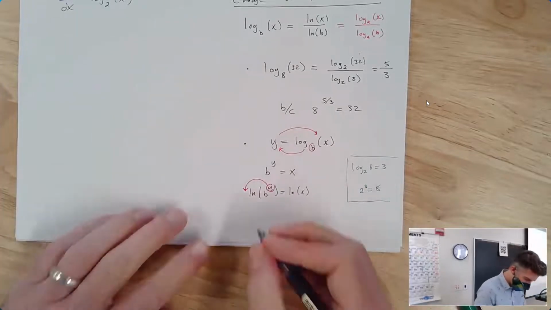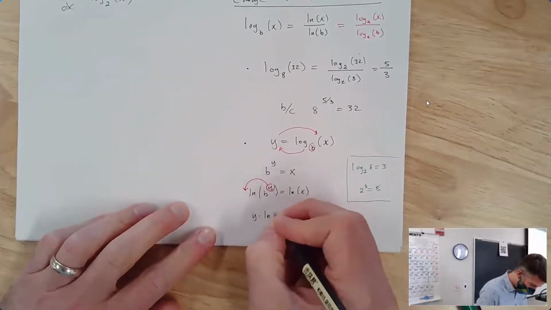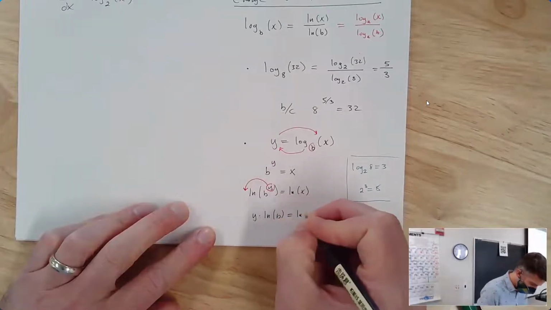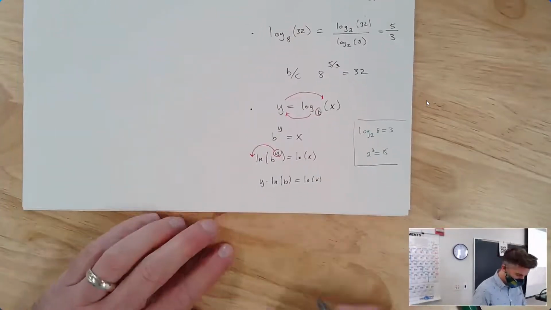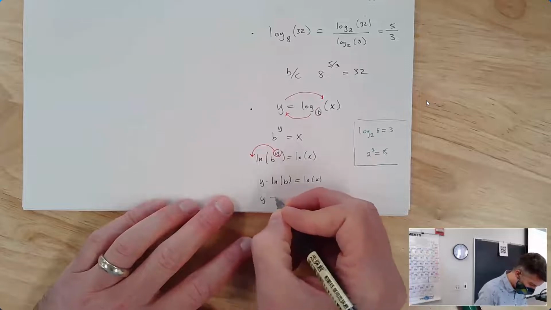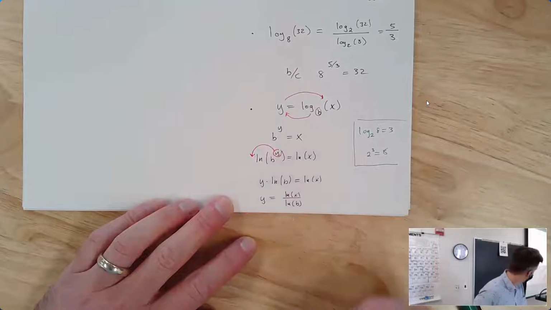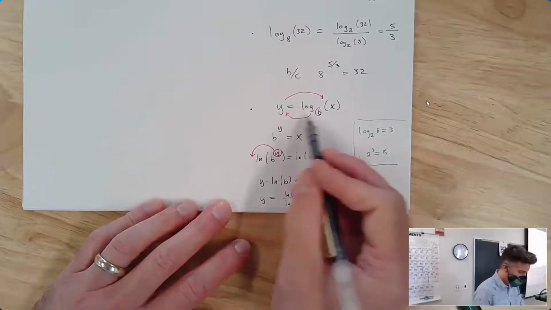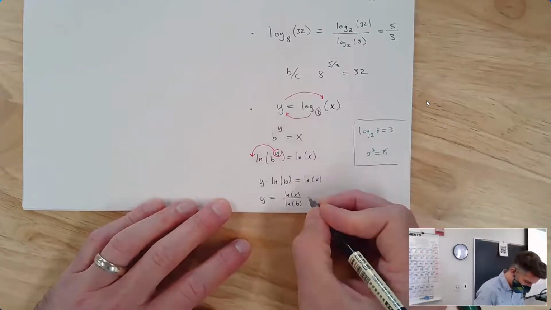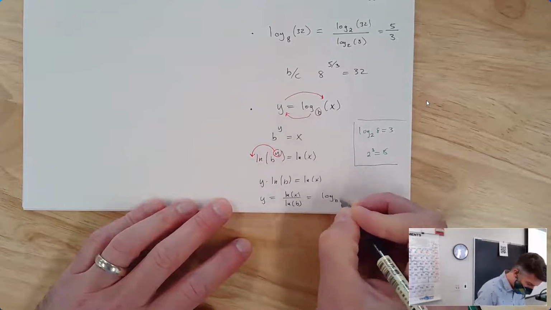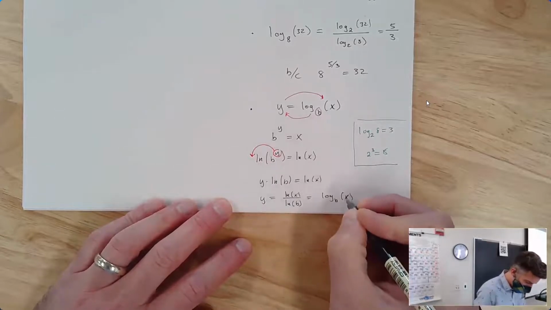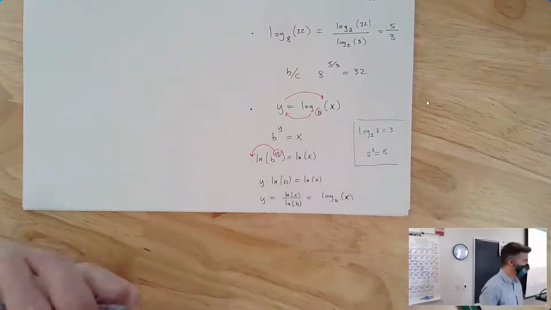Then I have y times the natural log of b equal to the natural log of x. Then I can solve for y: y equals the natural log of x divided by the natural log of b. But remember, y was equal to log base b of x. So that's why the change of base formula actually works.